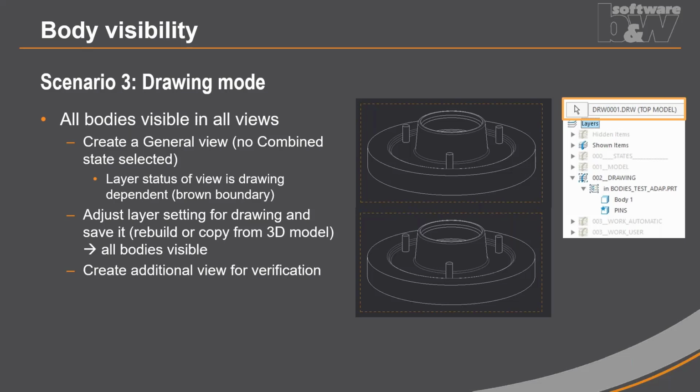This is indicated by the brown boundary around the view. For this, I have to adjust the layer settings once in the drawing, save it, and all my bodies are visible, and I'm just then creating another view for verification, just to show how this works.